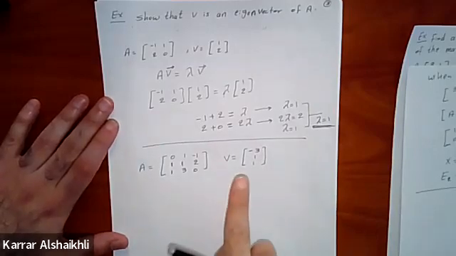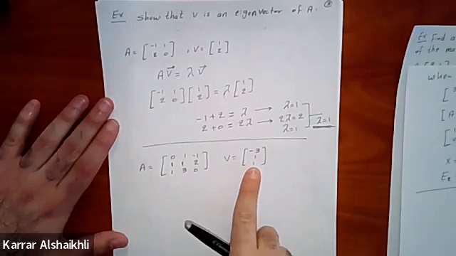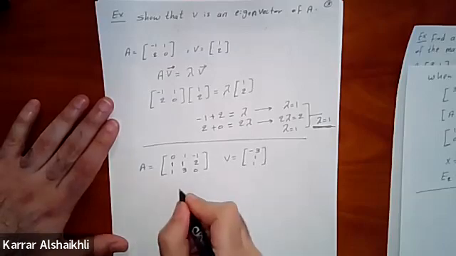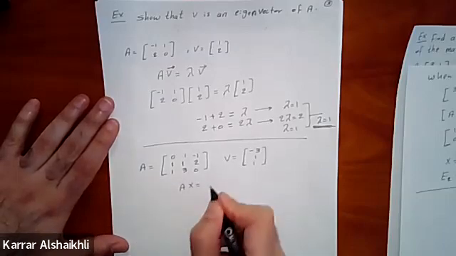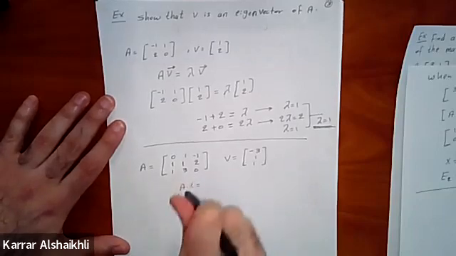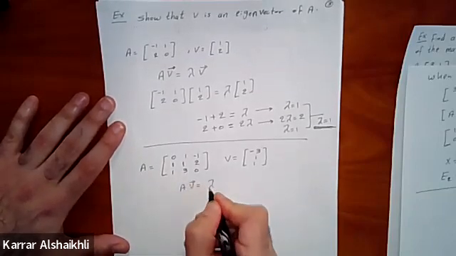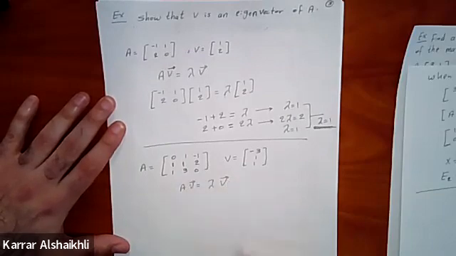We need to prove that V is an eigenvector for A. Okay, so we're going to do exactly the same thing. We're going to say AX, or AV, equals lambda V, because this is a vector.